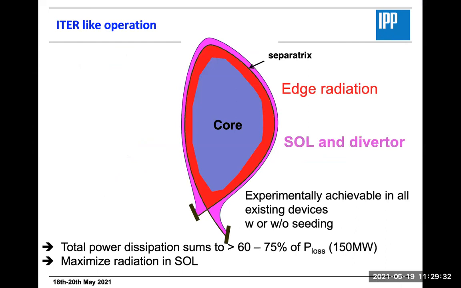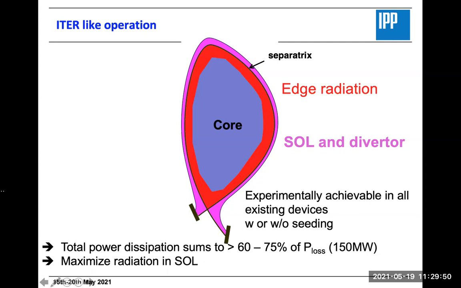The ITER divertor is already, let's say, more or less at the maximum that one assumes one can achieve with the divertor. So this tells us how much power in absolute numbers one can radiate in the divertor.